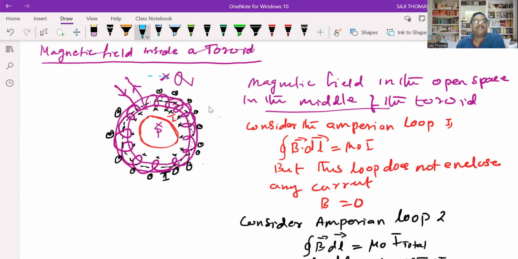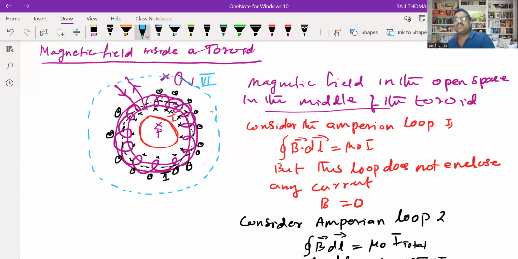See, this is loop 3. You see this big loop encloses currents moving into the plane of the paper and currents moving out of the plane of the paper.